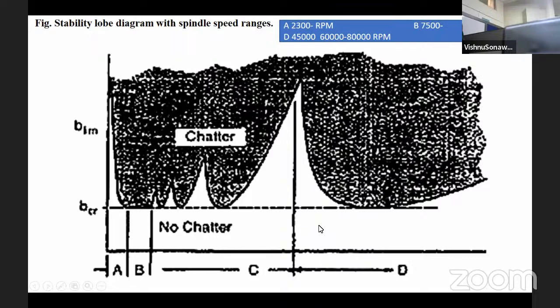From 7,500 to 45,000 is the high speed machining, but above 45,000 to 60,000 and 80,000, these speed ranges are the ultra high speed ranges. These high speed machining and ultra high speeds are used in high speed machining and ultra high speed ranges.